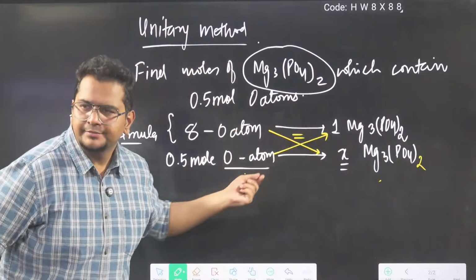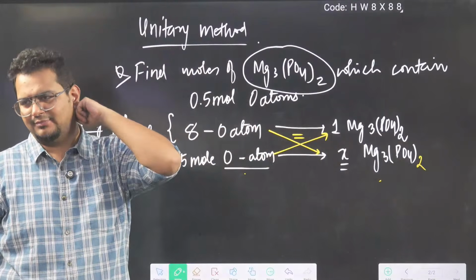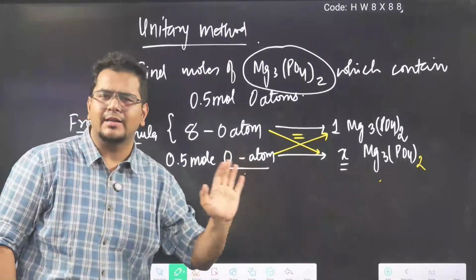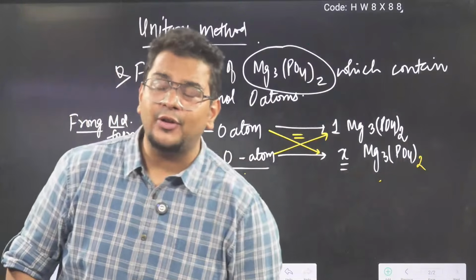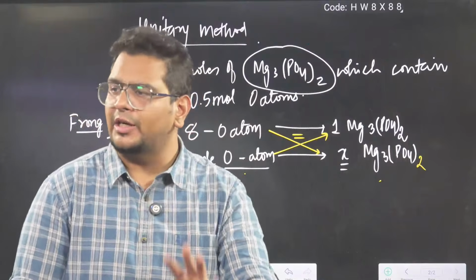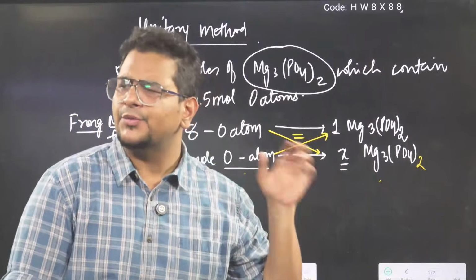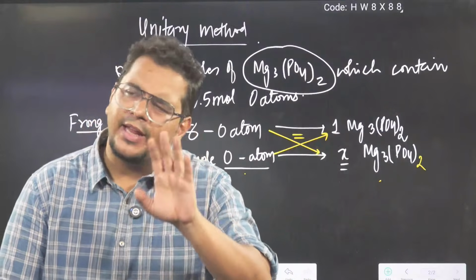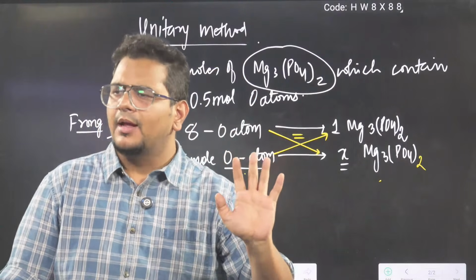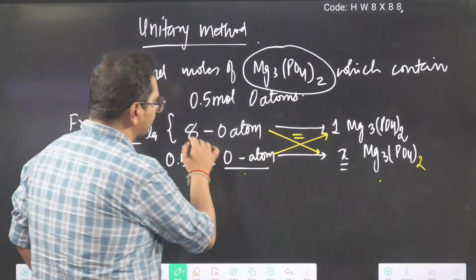Cross multiply and make them equal. This way, without using much of the math, your answers will come. Because if a question of inverse relation comes, the other method will not work. And wherever that method works, this also works. So basically this is the better, easier method.